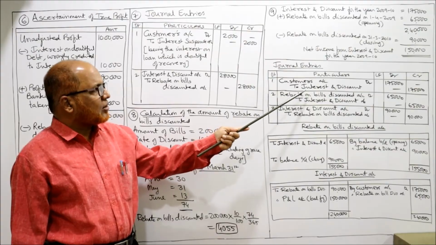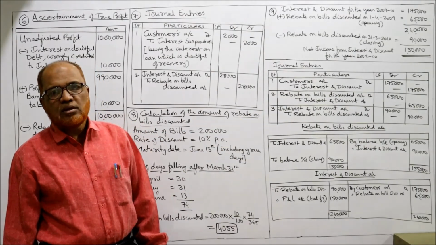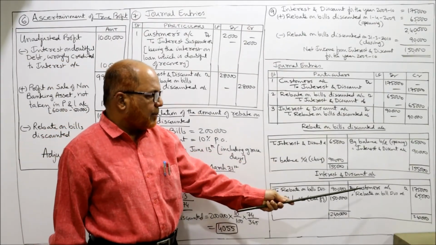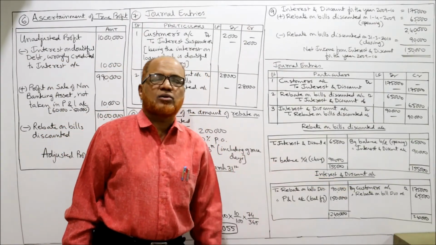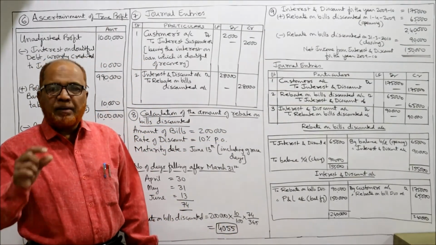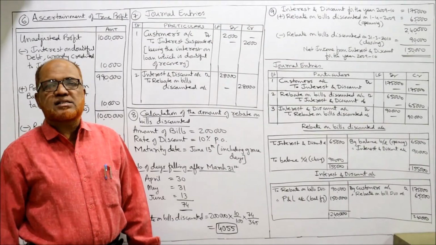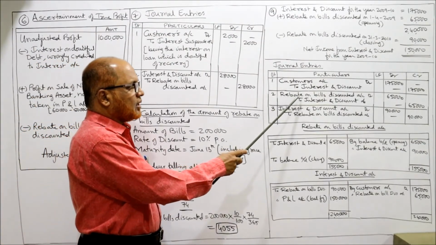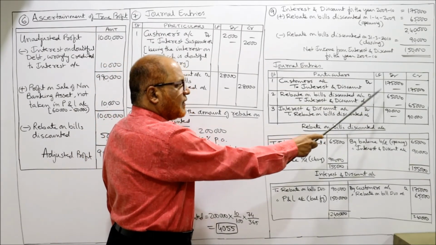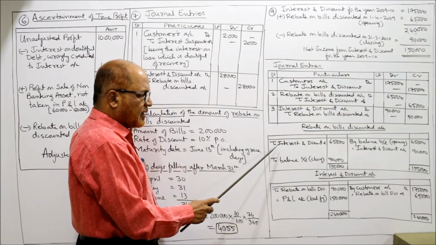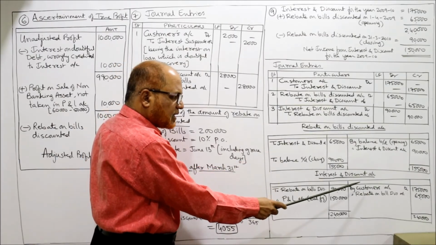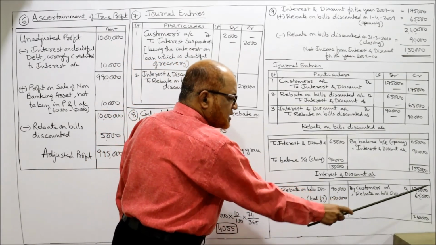First entry, customers account debit to interest and discount. तो इंटरेस्ट एंड डिस्काउंट को क्रेडिट करेंगे by customers account 1,75,000. First entry posted. Second entry, rebate on bills discounted account debit to interest and discount. तो rebate on bills discounted को डेबिट करना है, interest and discount को क्रेडिट करना है. कितना अमाउंट से? 65. तो rebate on bills discounted को डेबिट कर दिया to interest and discount 65,000 और interest and discount को क्रेडिट कर दिया by rebate on bills discounted 65,000.